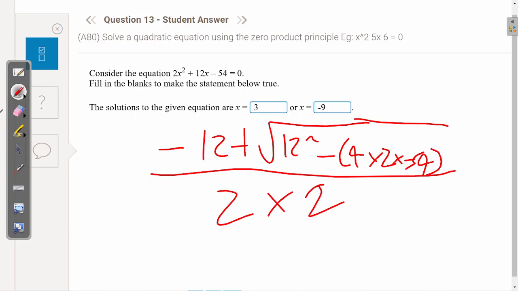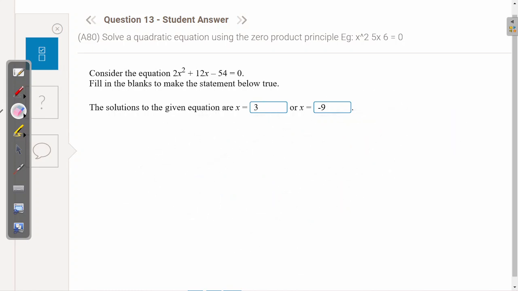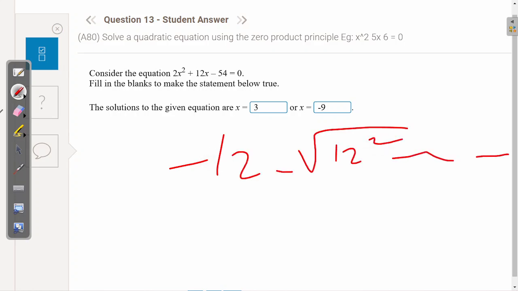What do you get? You get 3. So x equals 3. Now for the other one you do the same thing, but you use the negative. So negative 12 minus square root of 12 squared minus whatever I put there. Okay, you will get negative 9.